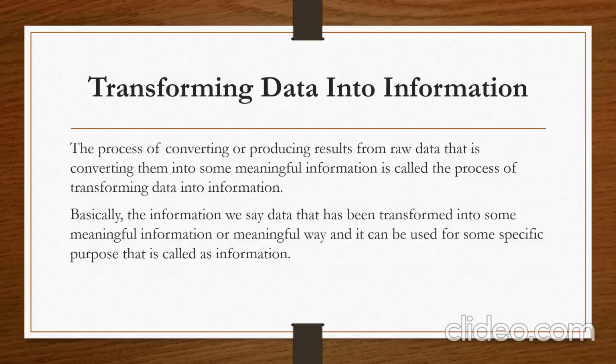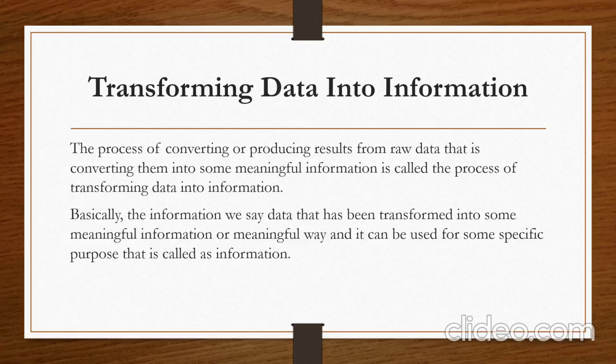Then let us look at transforming data into information, or data transformation. As we have seen in the previous diagram, there is input into the computer, then the ALU performs different operations like addition, subtraction, division onto that data as instructed.